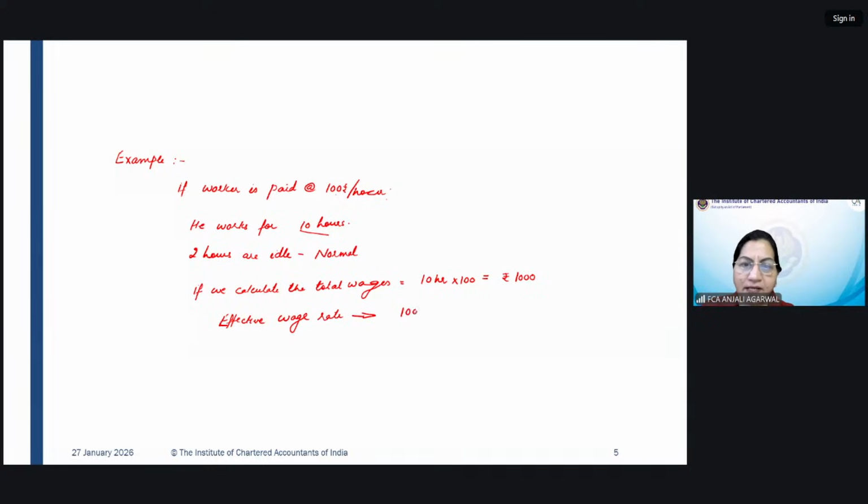This 1000 is technically paid for 8 hours, that is 10 hours minus 2 normal idle hours. So the effective cost would be 1000 divided by 8. It would not be 100 rupees per hour, it would be 125 rupees per hour, right? So this is the impact of idle hours.